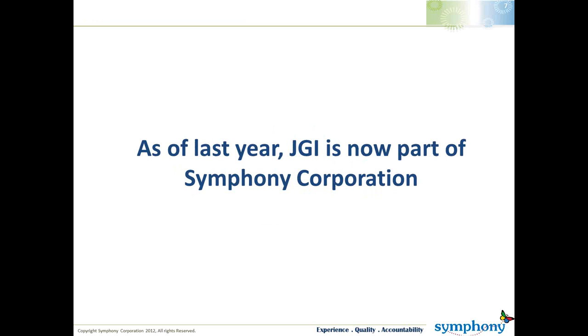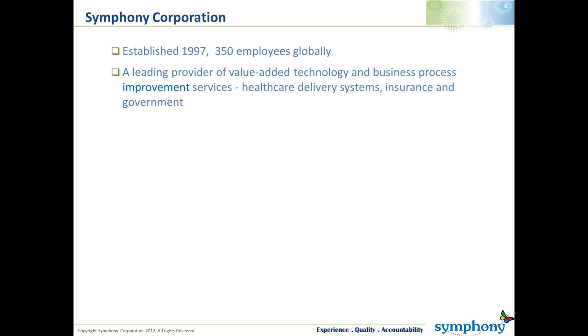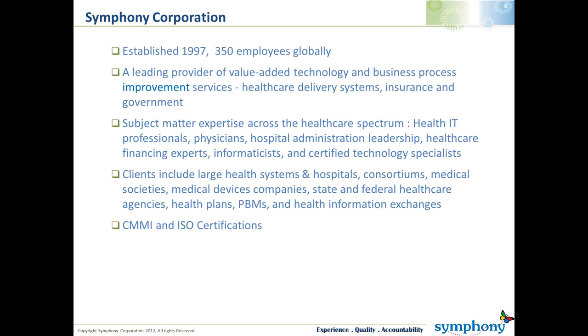In the Lawson space, many of you may have known JGI. A little over a year ago, JGI and Symphony came together to form one company. And so when you hear the name Symphony Corporation, think of the legacy of JGI in terms of being attentive to and serving and supporting the Lawson customer base. A couple of things about Symphony, and I'm not a big fan of reading to you, so I'll let you read this.